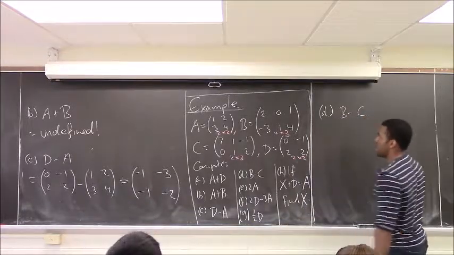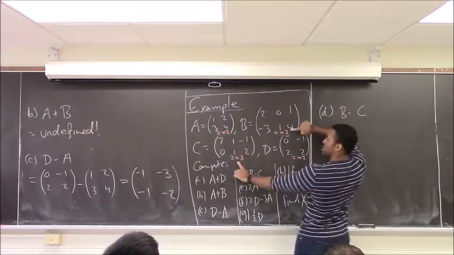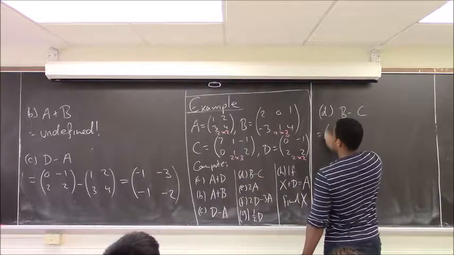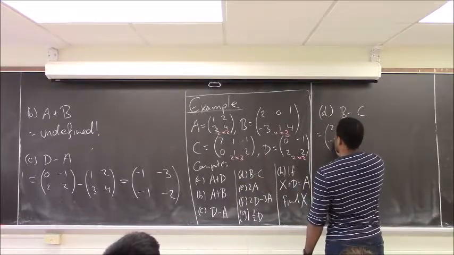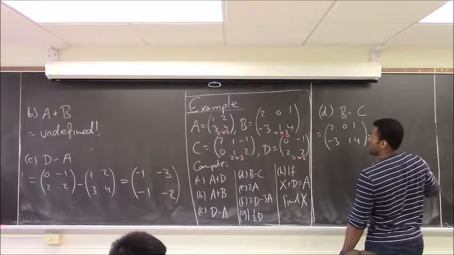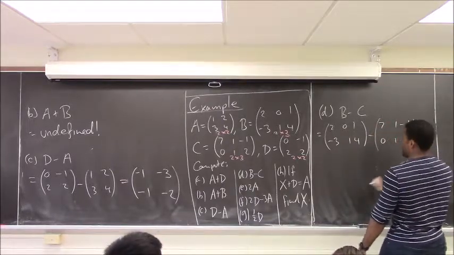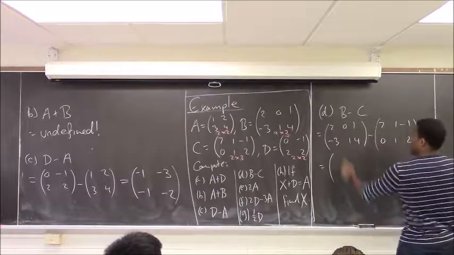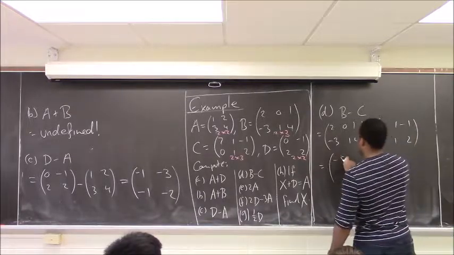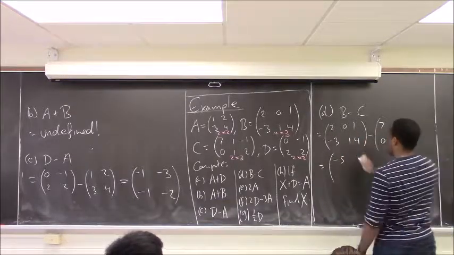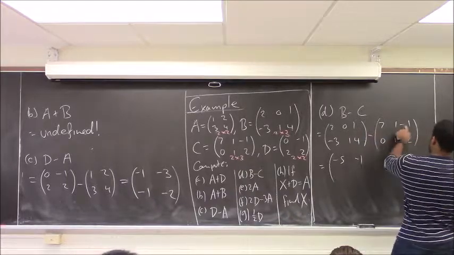B minus C, is that possible? Yes, B and C have the same size. So this would be 2, 0, 1, minus 3, 1, 4, minus 7, 1, minus 1, 0, 1, 2. 2 minus 7, 0 minus 1, 1 minus minus 1.